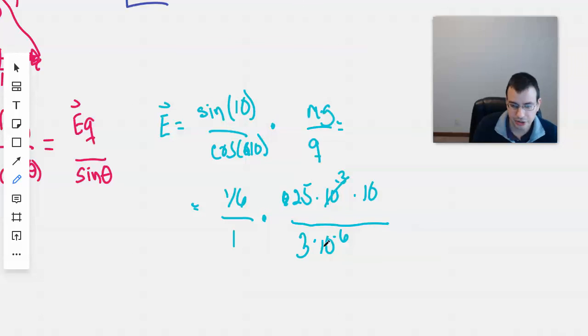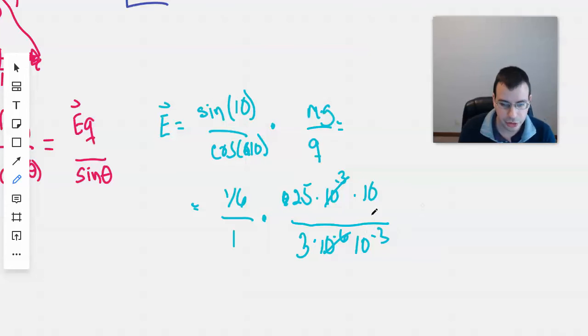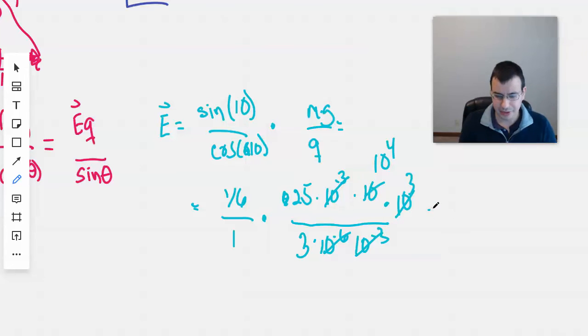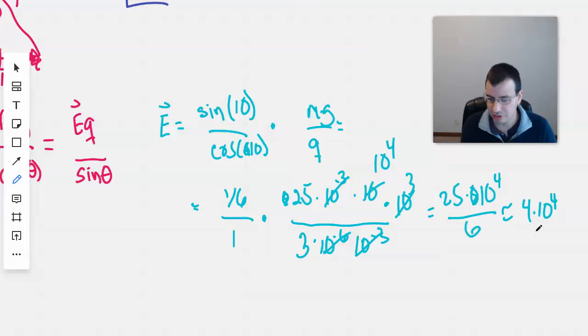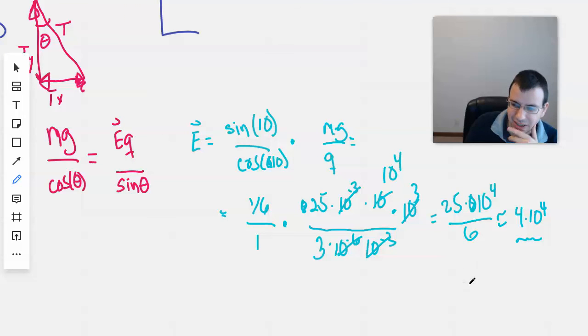All right, so cancel, cancel. We have 10 to the negative 3. So this is the same as 10 to the third up here. This becomes 10 to the fourth. So this becomes 25 times 10 to the fourth over 6, which is about 4 times 10 to the fourth. Seems like a lot.